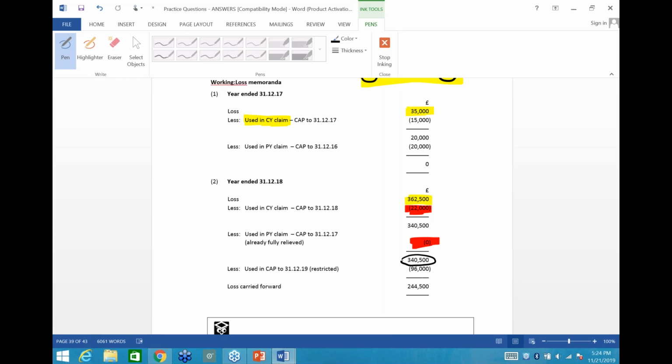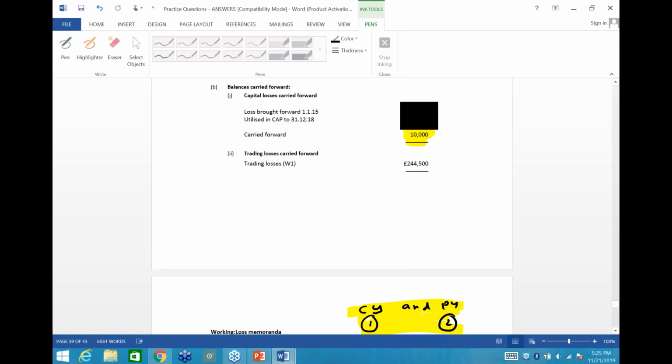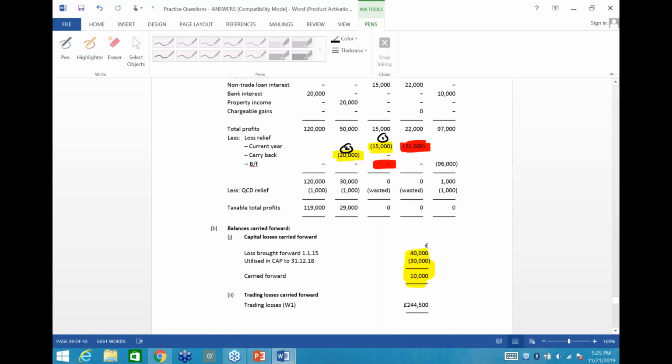You don't have to set off the maximum possible amount like we did here. We had to set off the maximum possible amounts here. We didn't have the flexibility. Outcome was, if you have any QCDs, they can be wasted because you have to set off the maximum possible amount.